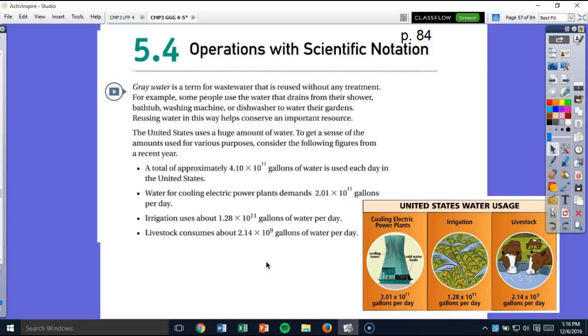Now we're going to be doing multiplication, division, adding, and subtracting in scientific notation, and some of you may look at that and go, I'm a little worried about that. Well, actually, it's fairly easy because notice that this is written as 2.14 times 10 to the 9th, or times 10 to the 11th, or times whatever.